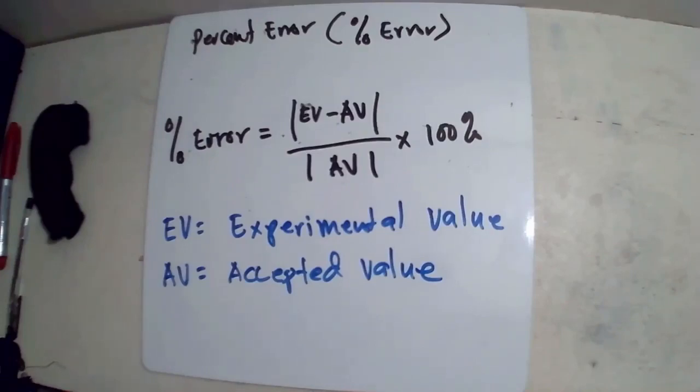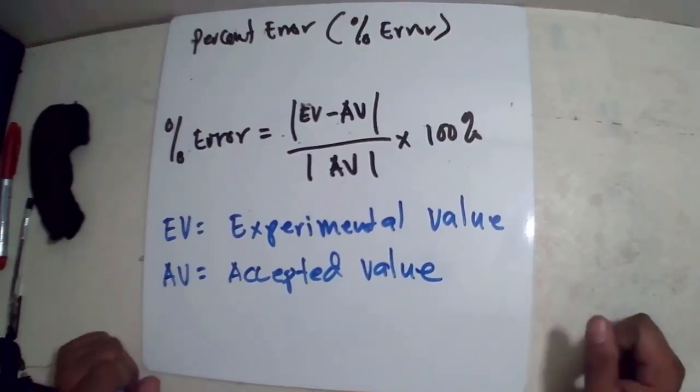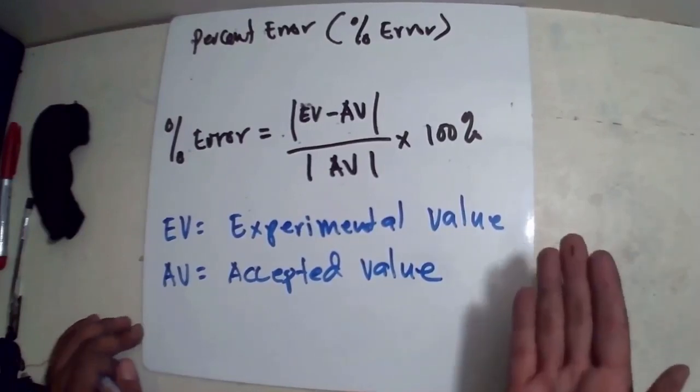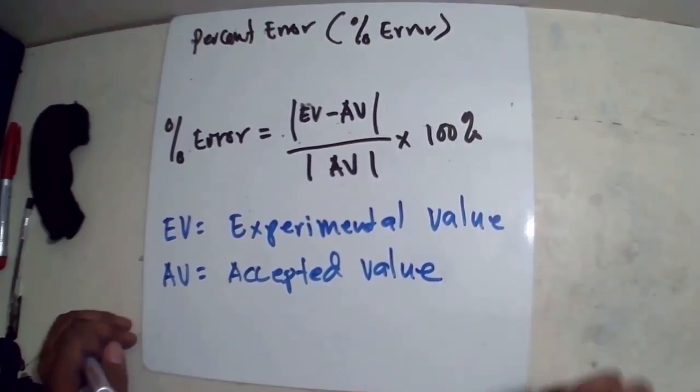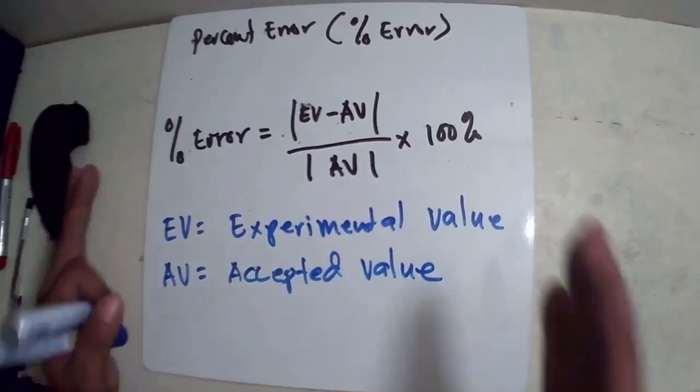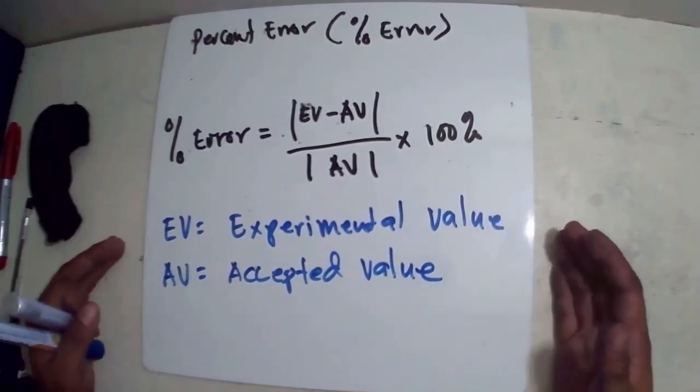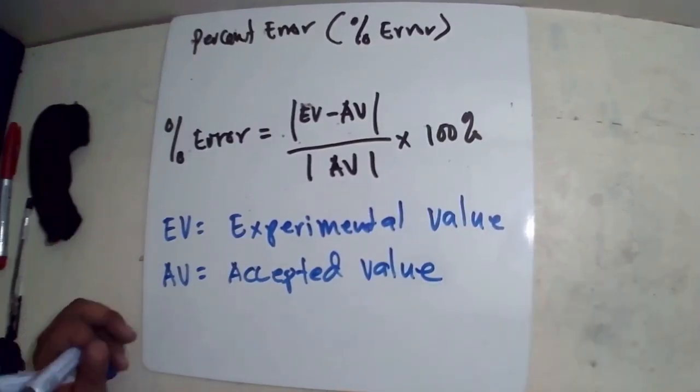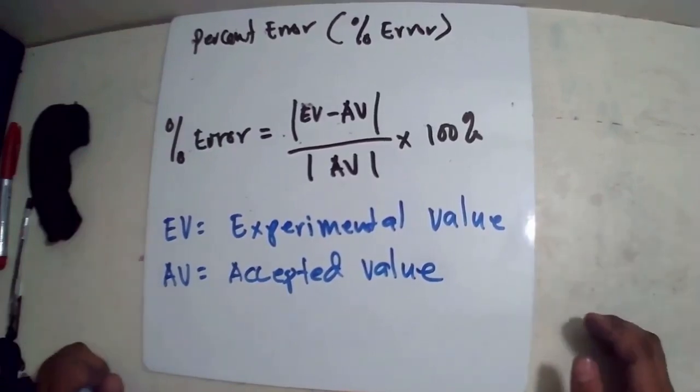Now when we say absolute value, it is always positive. It is always presented as a positive value, and you multiply that by 100. So that's how we determine the percent error of our measurement or our laboratory results.